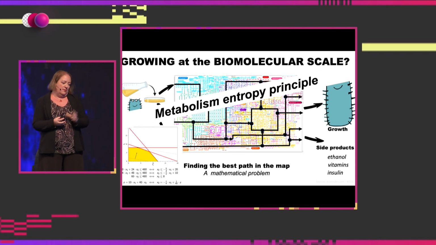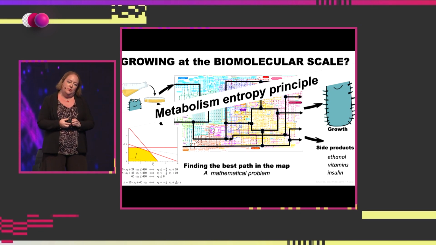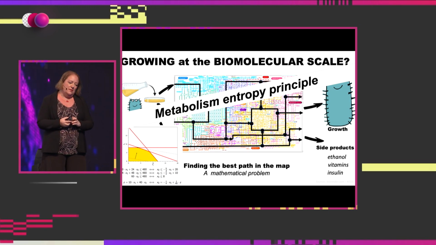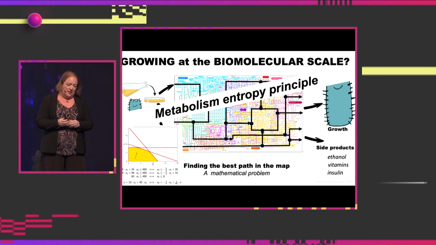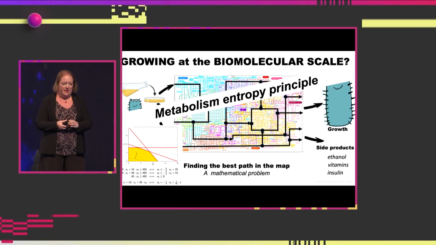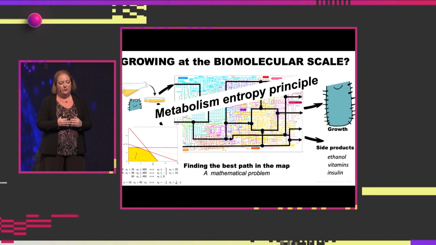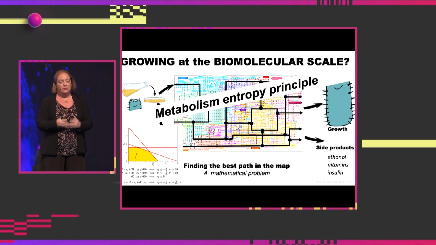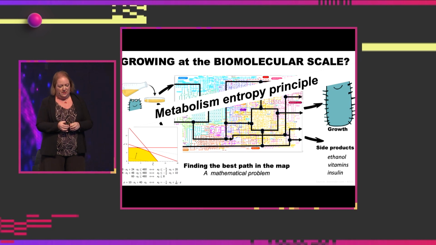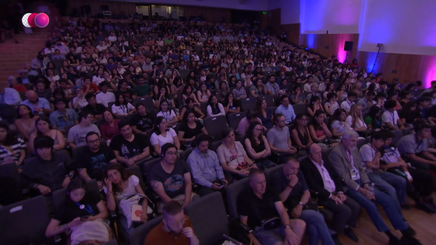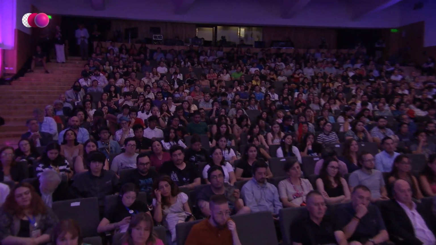And then this is the magic for me of metabolism, is that we have a metabolism entropy principle available, which means that among all these paths which are possible, evolution has made such that the bacteria will choose the most efficient path, allowing the bacteria to grow. Not even, so just going to select a single one, and this path is something that we can identify thanks to mathematical equations.